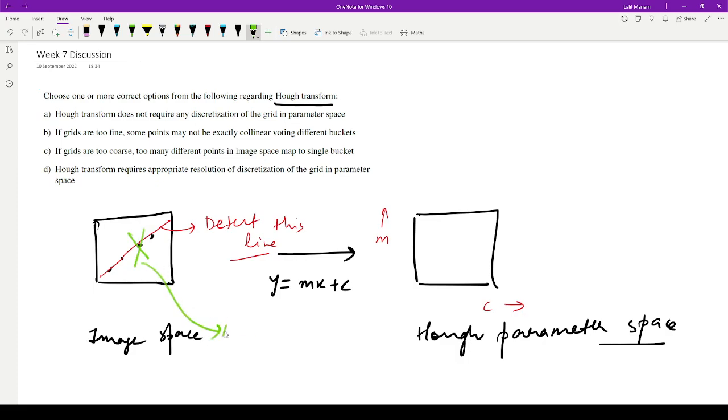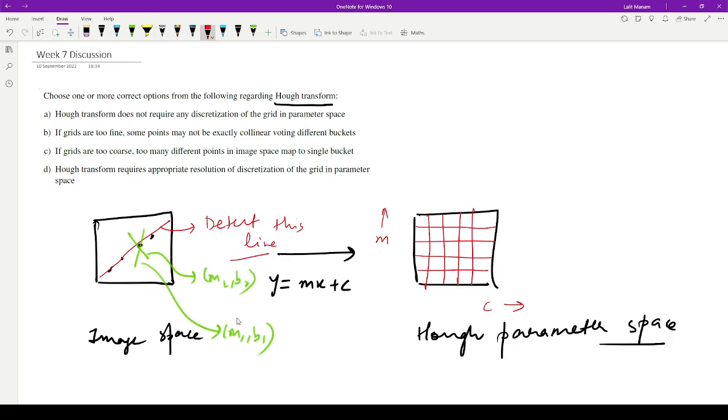Maybe this one has m1, b1 as the parameters, and this has m2, b2 as parameters. In this space, we first try to discretize M and C because we want to deal with these things in computers, so we cannot use the continuous versions. M and C are continuous by nature, but we discretize them for convenience.